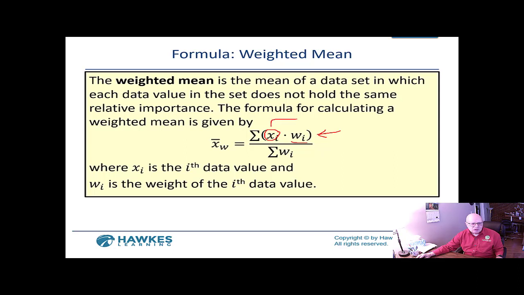Notice that these two are a match. This might be the 7th test, this would be the weight of the 7th test, and so on. Down here at the bottom, just add up all the weights. Usually you'll see this represents 100%, although it doesn't have to.